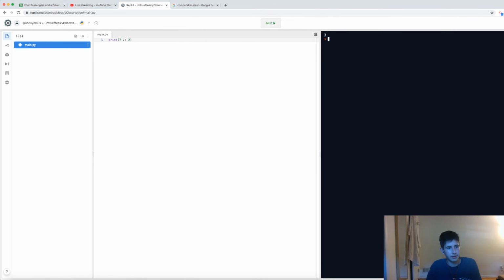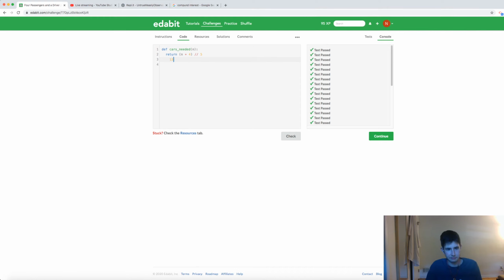Now let's go back to the problem and explain why I added the 4. Let's say our input was 13. 13 divided by 5 is 2 point something, okay? But the number of cars that we actually need for 13 people is not 2, it's 3.